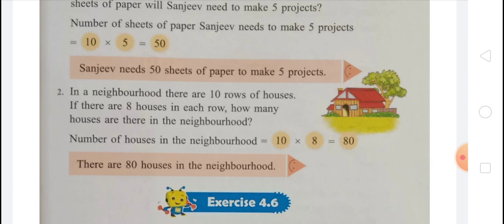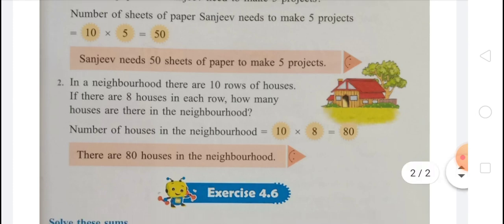The number of houses will be 10 multiplied by 8. Why? Because 10 is the number of rows and 8 is the number of houses in each row. So 10 multiplied by 8 equals 80. So there are 80 houses in the neighborhood.